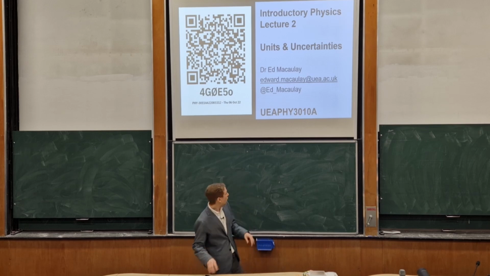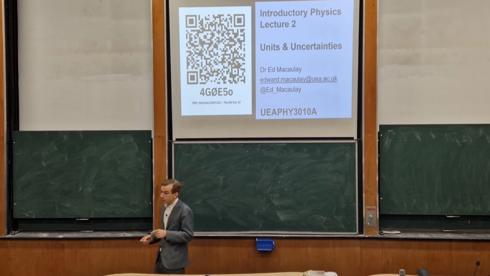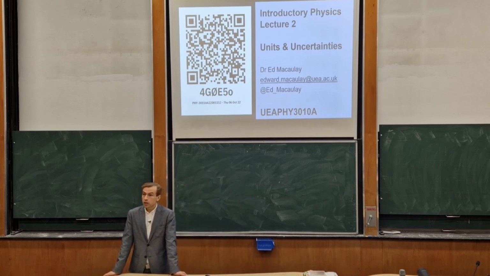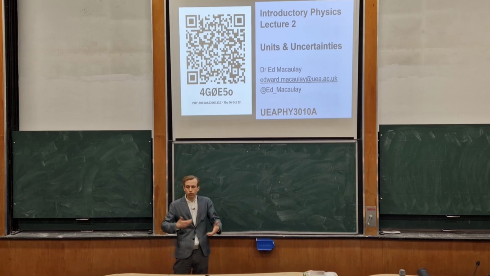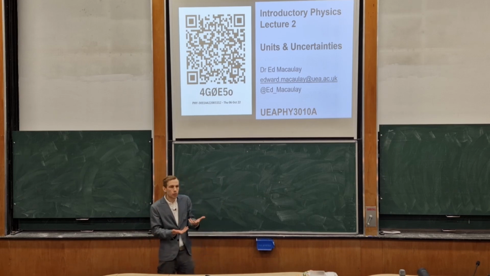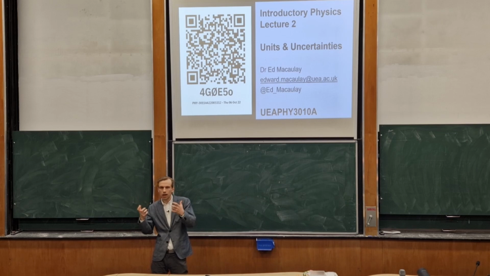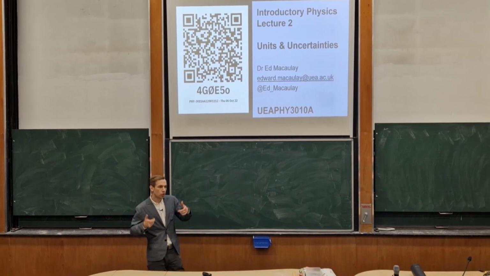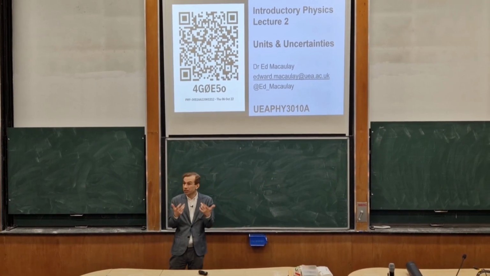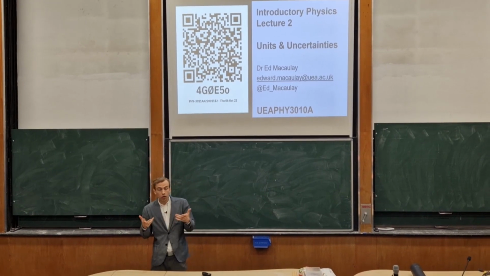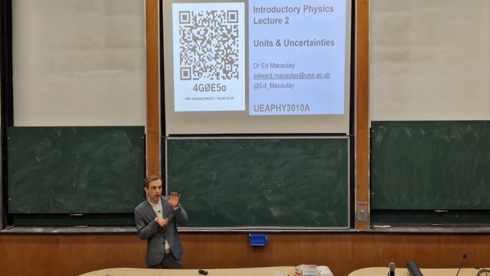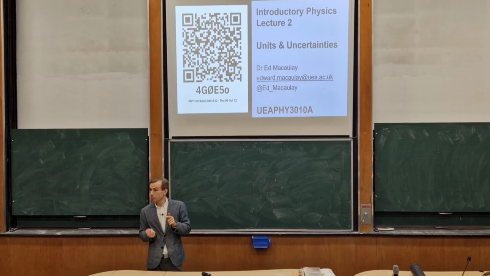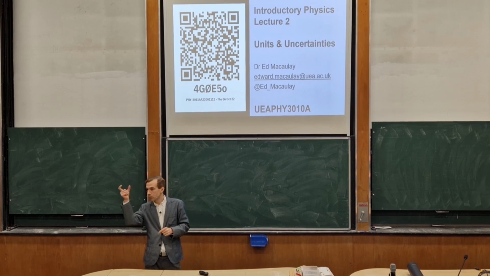Okay. So as you can see, the subject for today is all about units and uncertainties. We saw last time a little bit about the extra things that we have to add on to numbers whenever we're considering them as scientific measurements. So we had to think about the number of significant digits, and very often it's useful to put the numbers in what we call standard form, where we have that mantissa of the number between 1 and 10, and then the power.